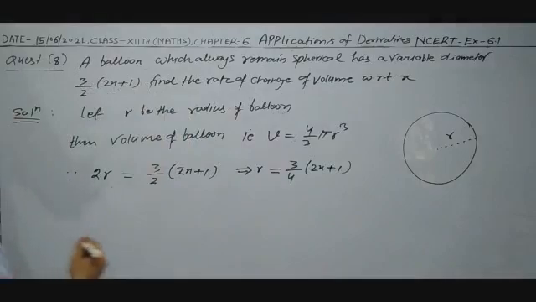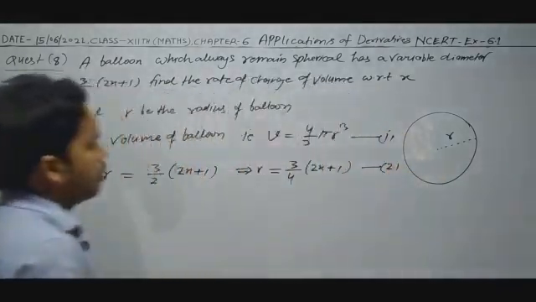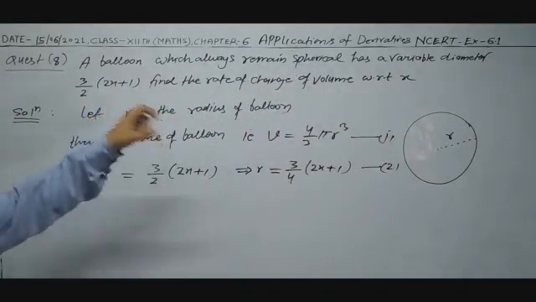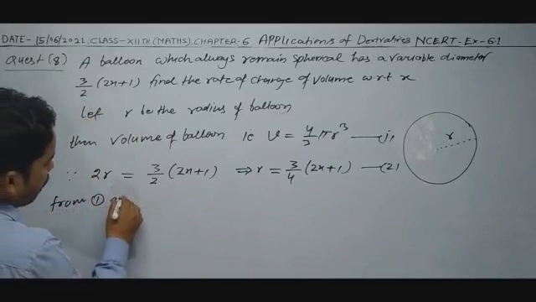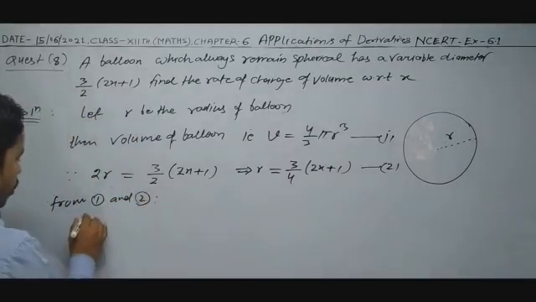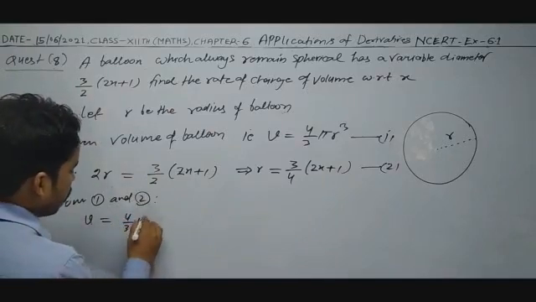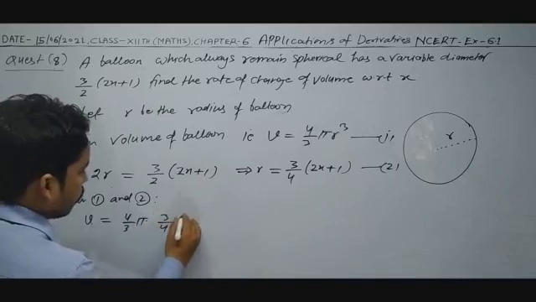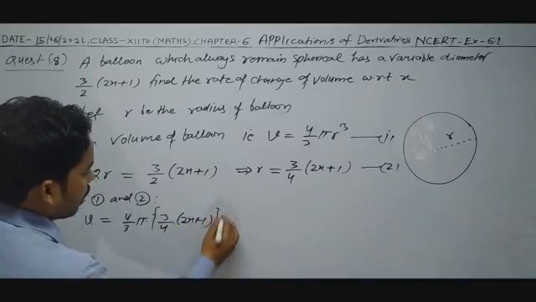So r is equal to this, call it equation 2. When you use equation 2 in equation 1, you get the value of V in terms of x. So from equations 1 and 2, you can find V is equal to 4 by 3 pi, and the r value you know, 3 by 4 (2x plus 1), power 3.